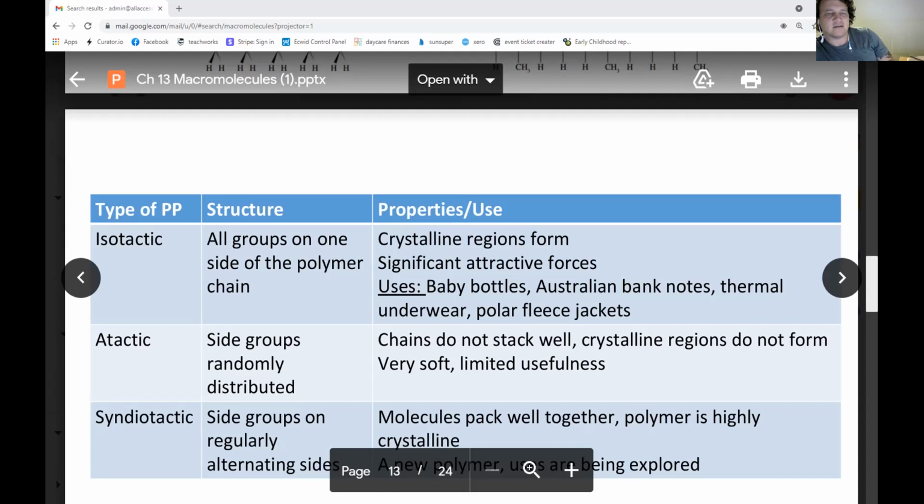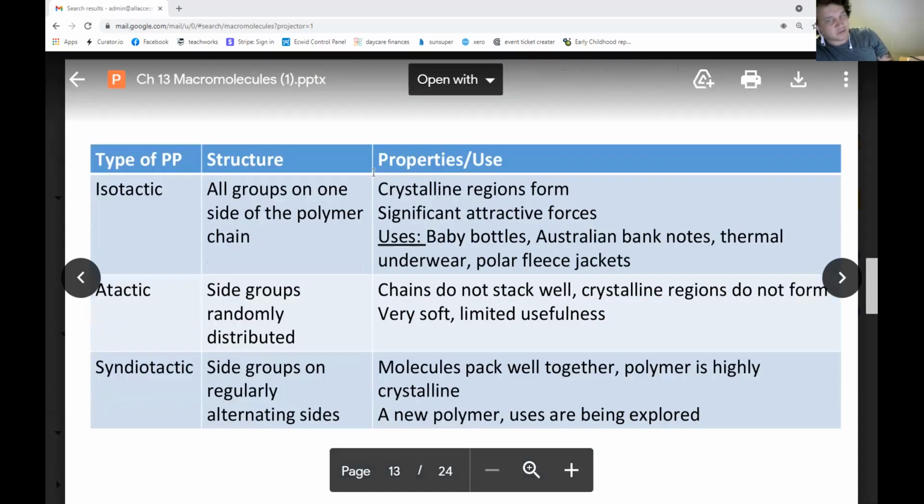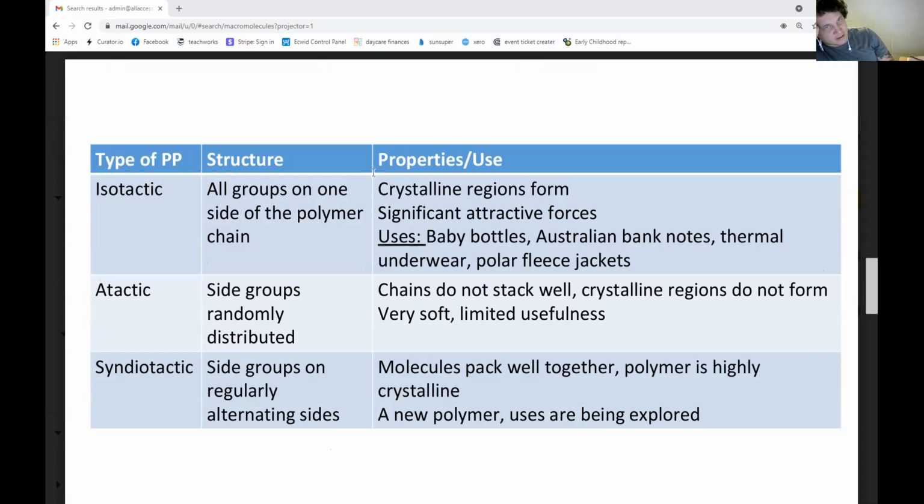Syndiotactic is where we have regularly alternating sides. Now, this is something that we've only just managed to successfully produce. These slides are 12 months old now, from last year. But now it's being used to make car parts that will replace metals.